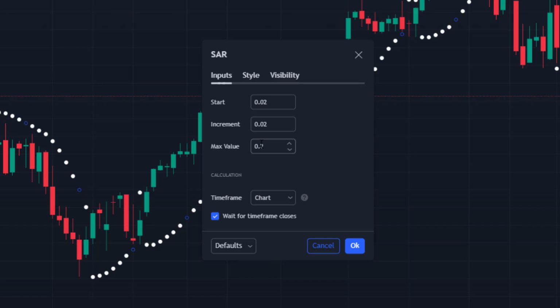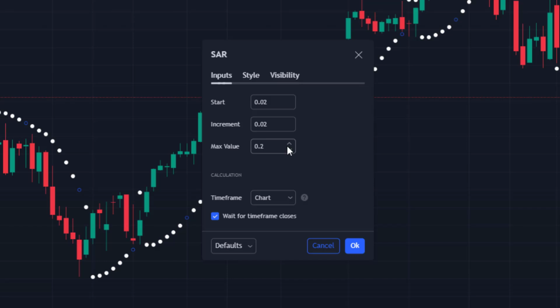He says use the number of increases it takes to reach at least 0.20, but do not exceed 0.22. So that's his rules, but like I said, you can play around as much as you like.